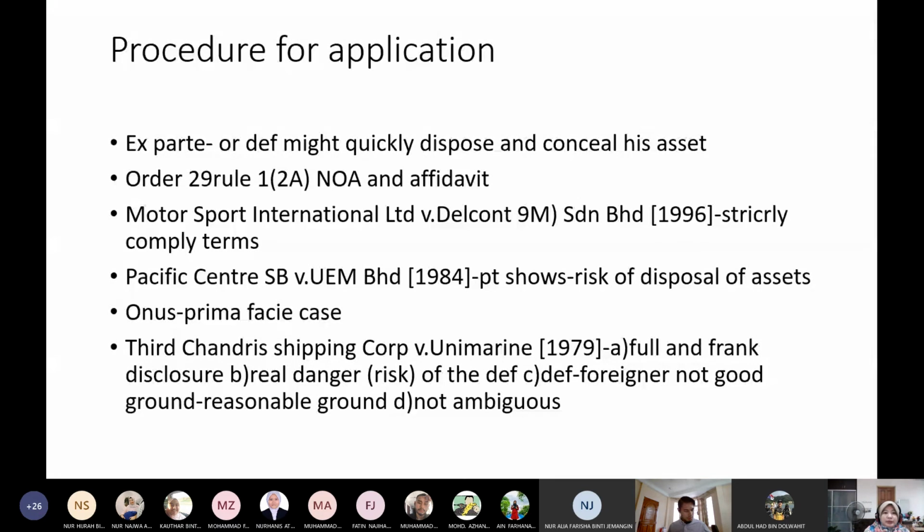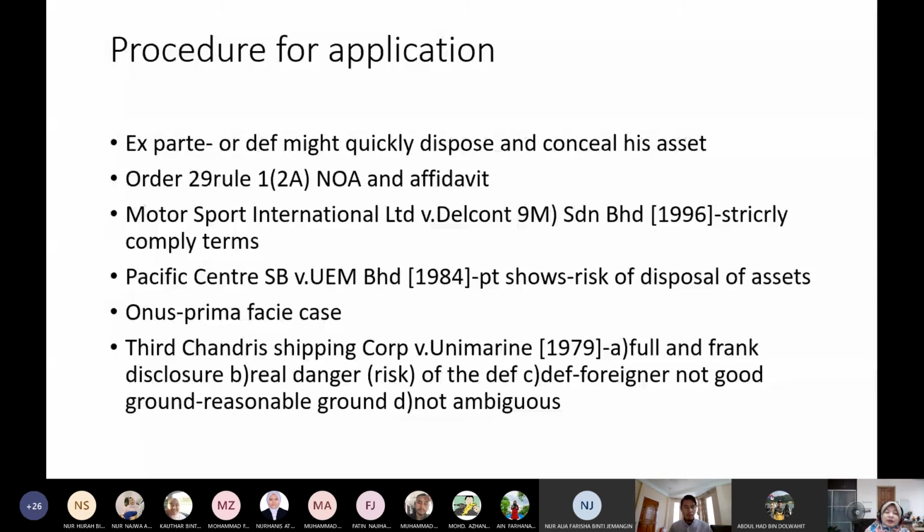In the case of Motorsport International and Delcom Malaysian Sdn Bhd, the requirements stated in Order 29 must be strictly complied with. In the case of Pacific Centre Sdn Bhd and UEM Berhad, the plaintiff must show a risk of disposal of the defendant's assets. Then the onus is on the plaintiff to show a prima facie case against the defendant.